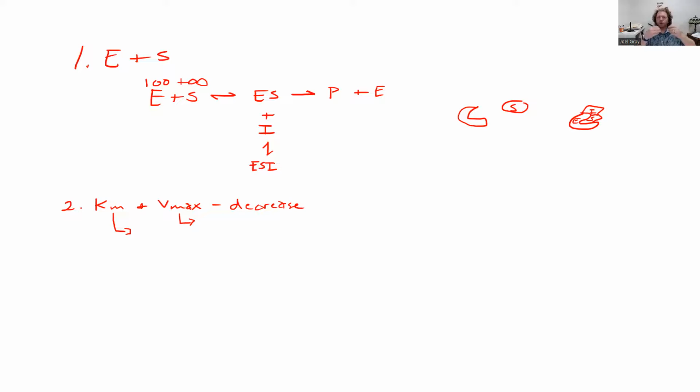Now, let's say that when that ES complex is formed, 20 of the ES complex are going to go down here to form this ESI complex. So out of 100 copies of your enzyme, 20 of them are diverted to this enzyme substrate inhibitor complex, which means that at the end of one round of that reaction, you're left with 80 copies of the enzyme.